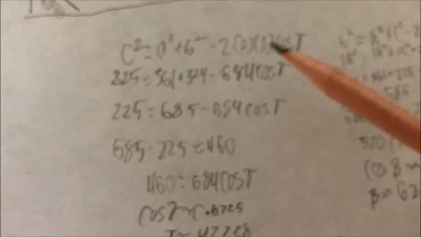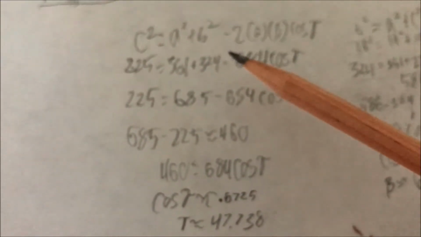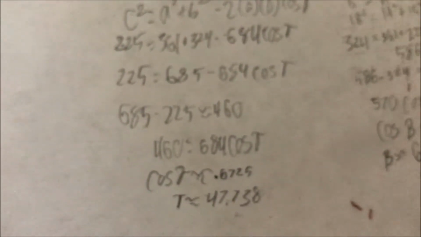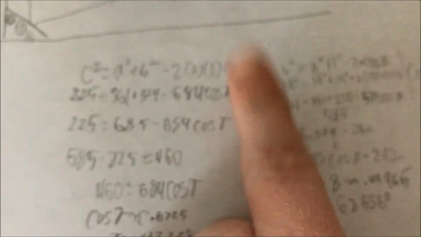Okay, so I repeated the same steps for c squared, and I ended up going through all this and getting 47.738. Double checked my math, and they all add up to 180. So yeah. Halfway there. Halfway done.